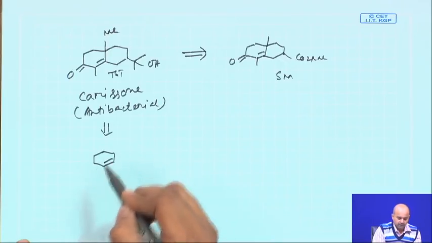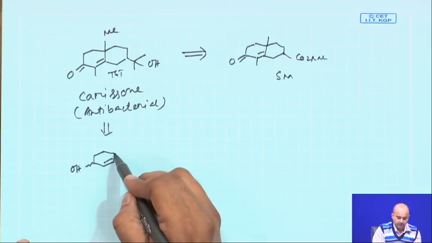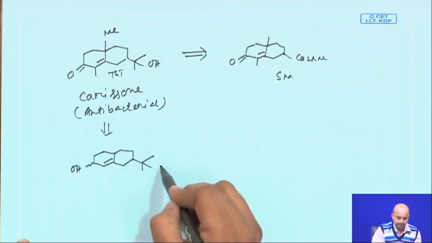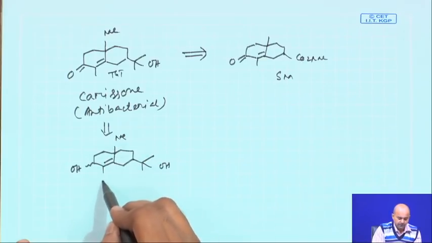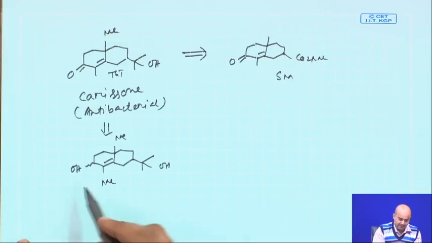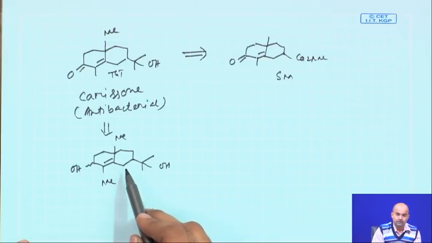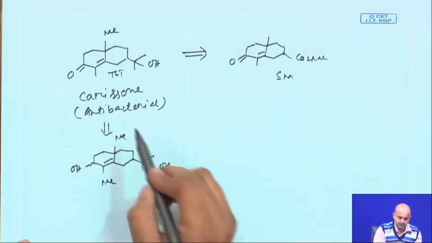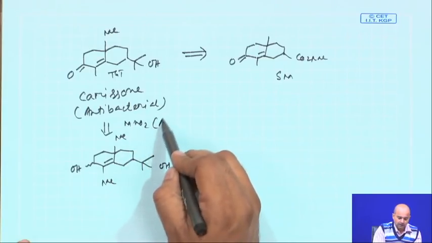I will not be doing the protection, I will be doing it this way. If you have this intermediate, which is basically an allylic secondary alcohol and a tertiary alcohol, you can do a selective oxidation by an allylic oxidizing agent like manganese dioxide, which is known for allylic oxidation.